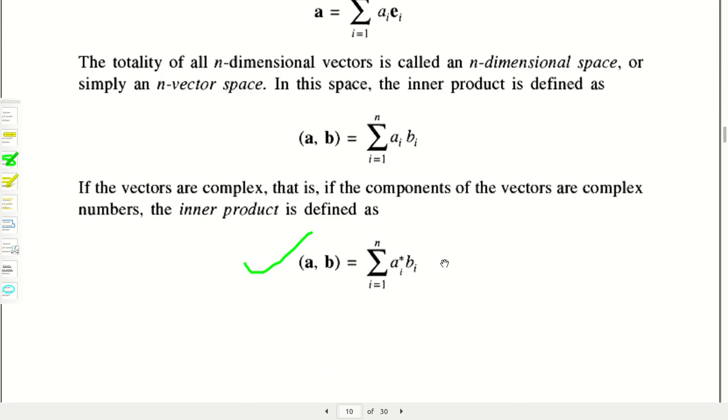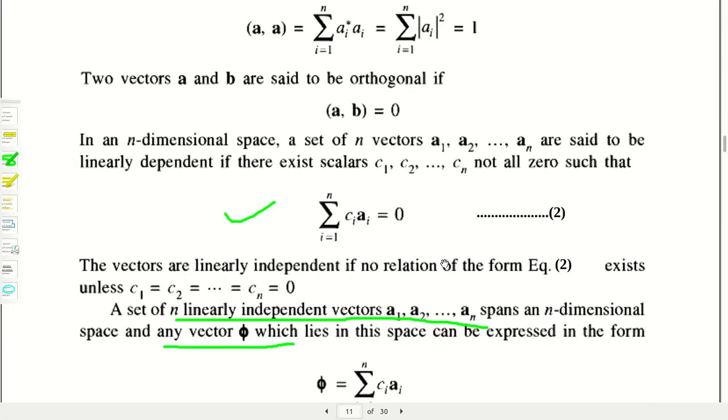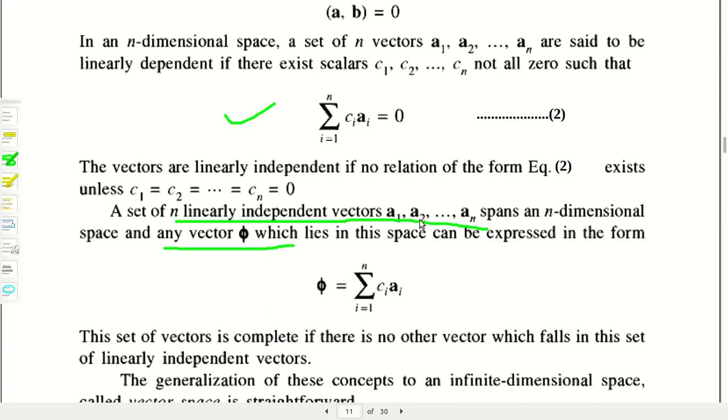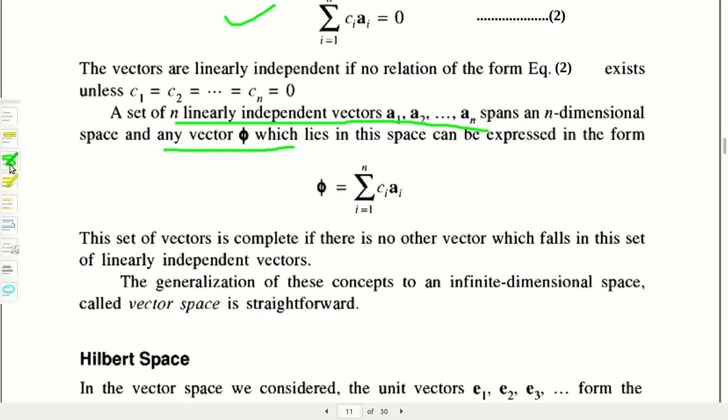So in n-dimensional vector space the theory is the same. It is not written by e1, e2 dot dot dot en, but it is defined by a1, a2, a3 dot dot dot an. Not necessarily they are unit vectors. Any n independent vectors can be used to form a basis set, and in terms of those n independent vectors you can write any other vector, like phi is written here.